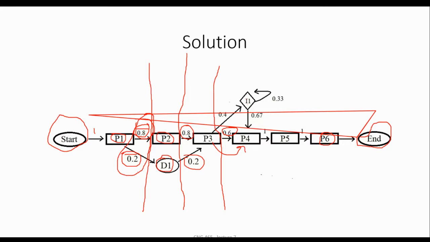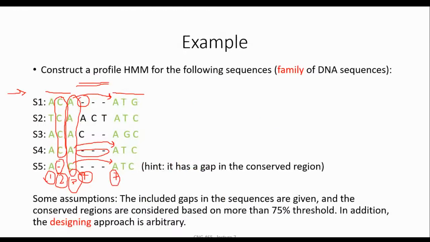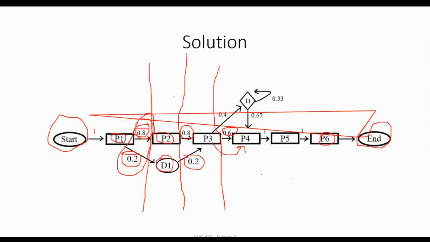So in 60% of cases, I go directly from the 3rd position to the 7th position, to my next conserved region, with no problem. But in 40% of cases, you see, AC, instead of having gaps and directly going to the next region, I go to an inserted letter. Whenever you have such insert states, I can construct such a state, and I call it an insert state.